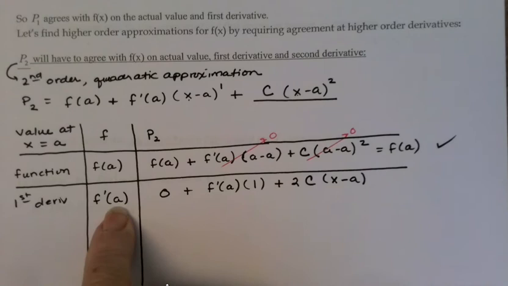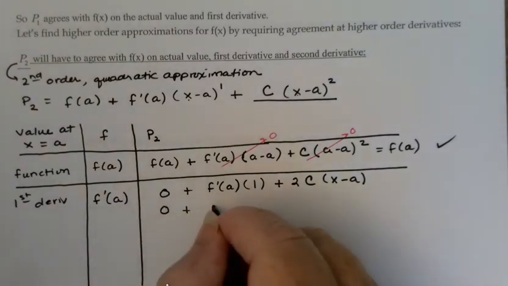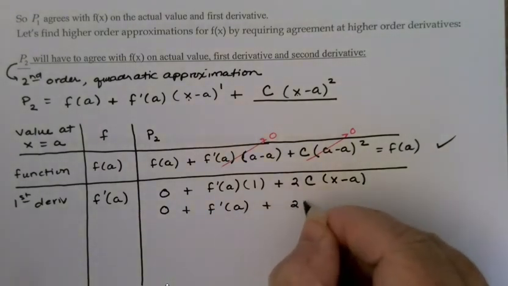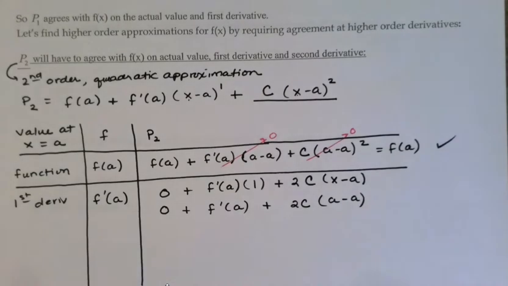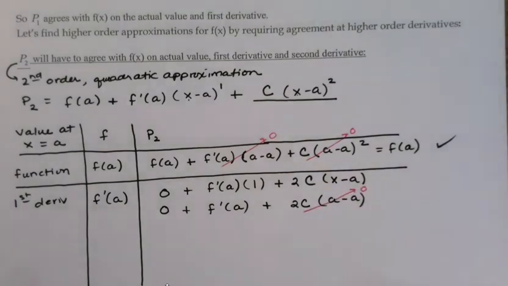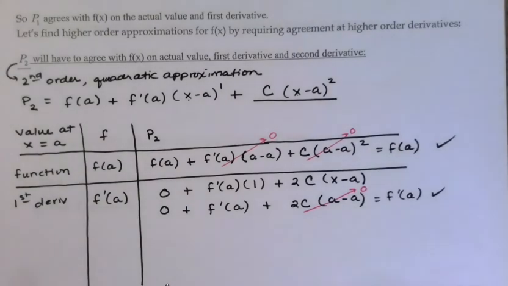If I now plug in x equals a, I have 0 plus f prime of a plus 2c times a minus a. Here again, a minus a is 0. So that's going to leave me just f prime of a. And we're good. We have agreement at the level of the first derivative.